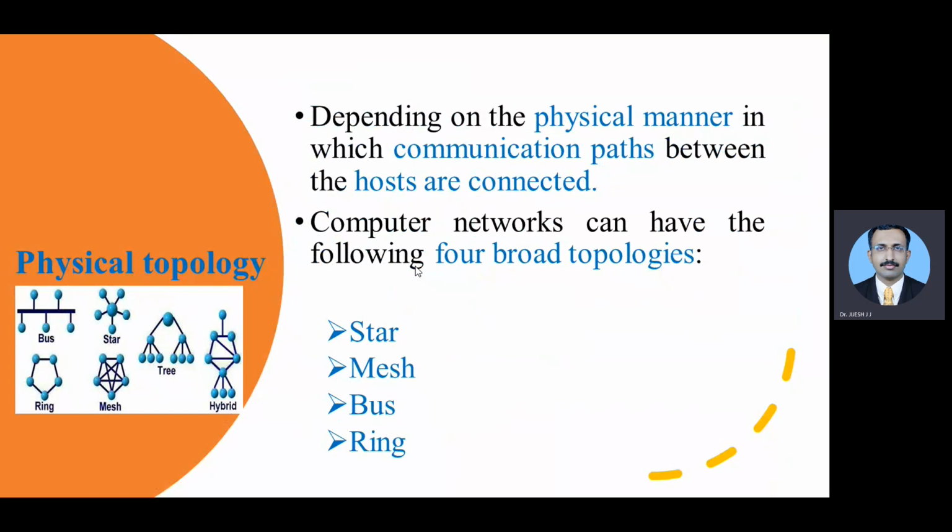You can also have tree topology and hybrid topology, but as per the syllabus we are only focusing on the four broad topologies: star, mesh, bus, and ring. We will see star topology first, followed by the other three.